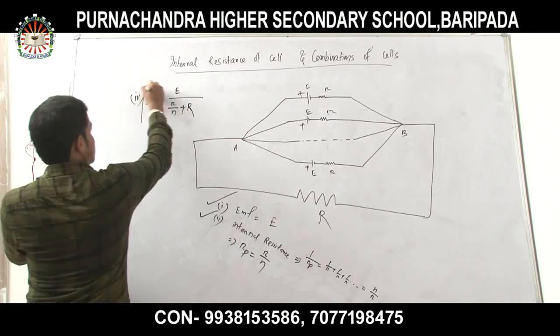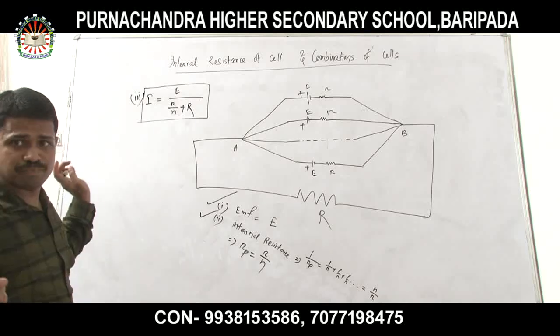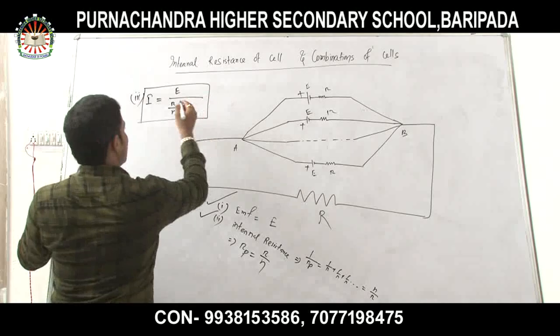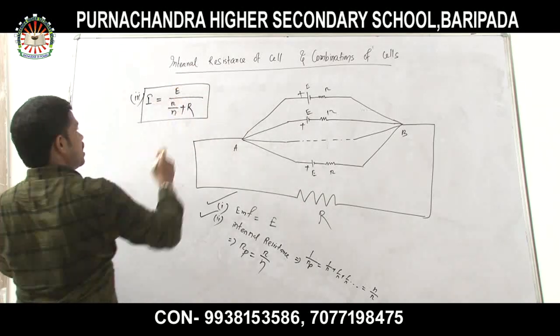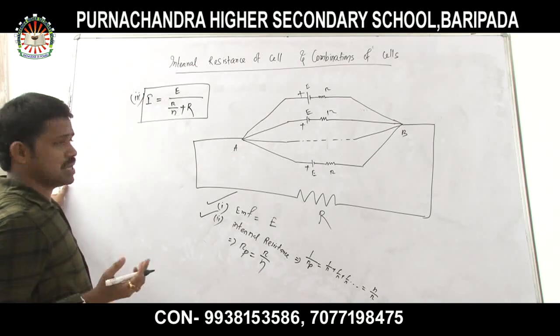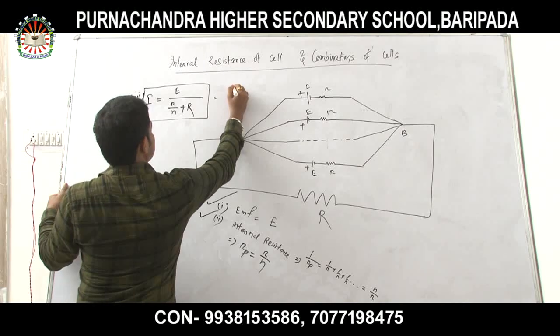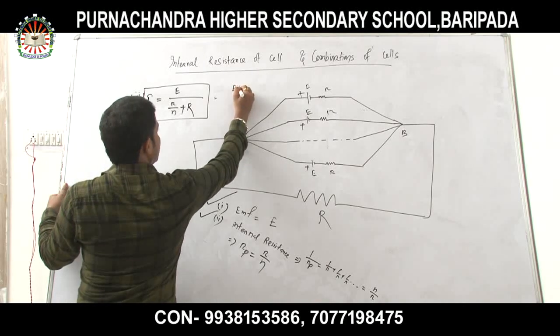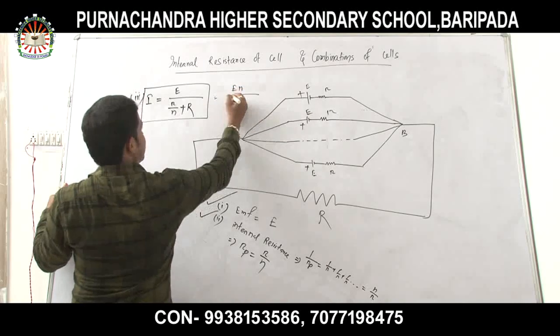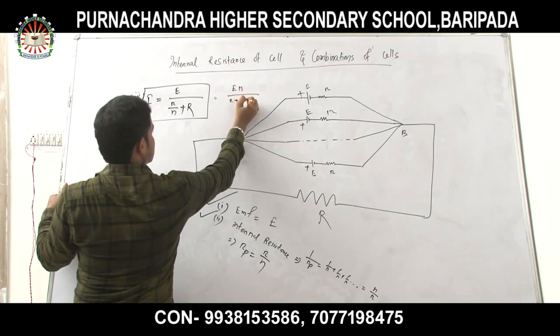So this is my expression of current. I is equal to E divided by (r by n plus R). If I simplify, this is nE divided by (r plus nR).